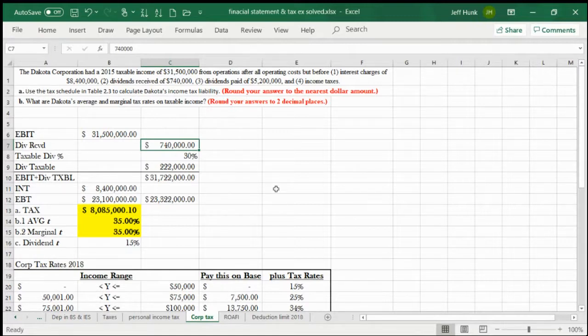The taxable amount or the total percentage of that dividend income is different, right? Generally, so here's the rule.